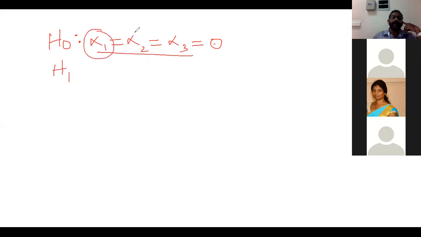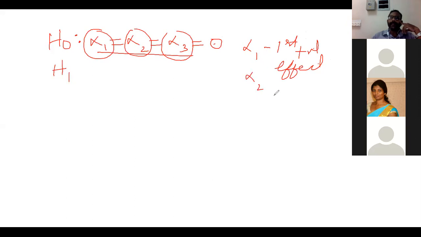Alpha 1 is first treatment effect, alpha 2 is second treatment effect, and alpha 3 is third treatment effect.